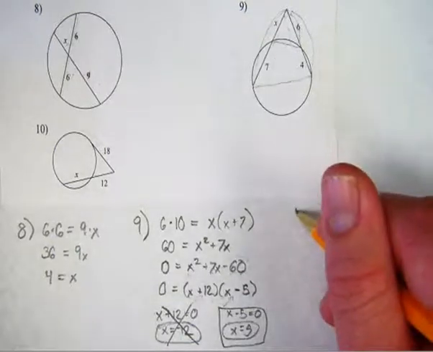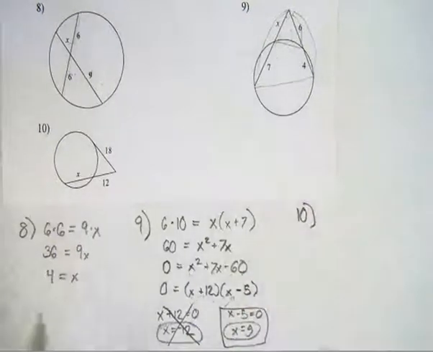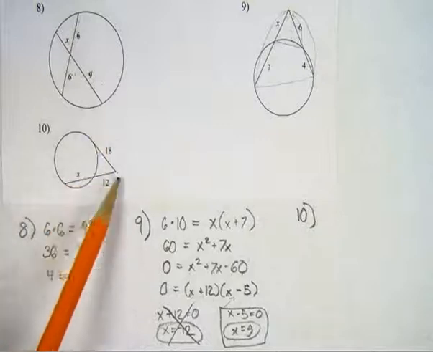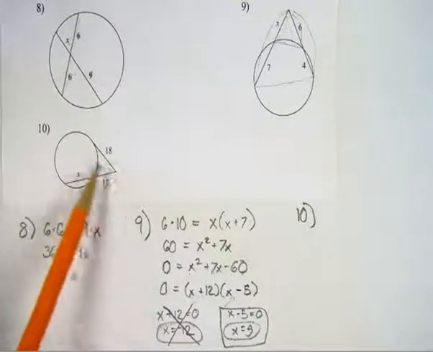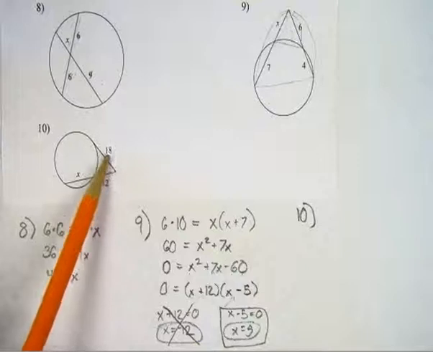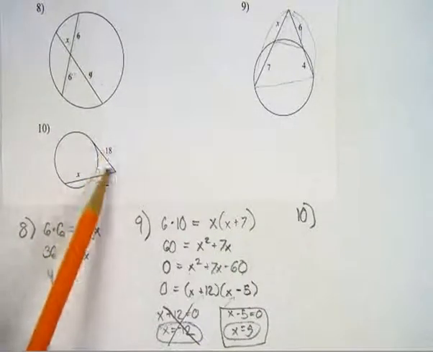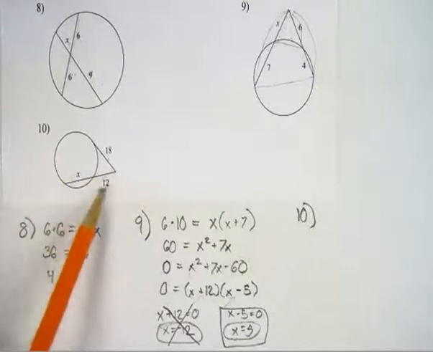All right, number 10. Number 10, we have a secant and a tangent line. And what we know is that the length of that tangent line is going to be the geometric mean between this part here and the whole part.